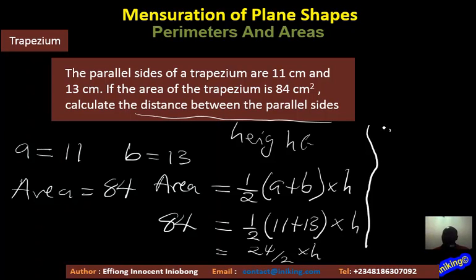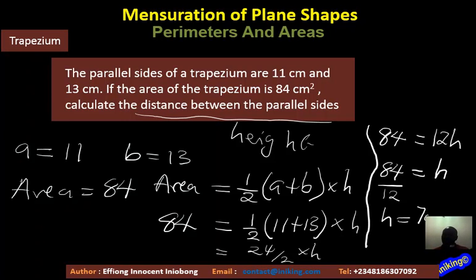So which means I have that 84, the left hand side, which is the area, is 12h. So what is the height? Dividing both sides by 12, we have h equals 84 divided by 12, and this is 7. So that means that the height is equal to 7 centimeters.